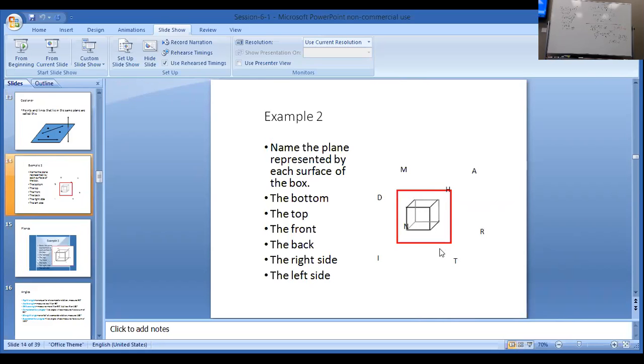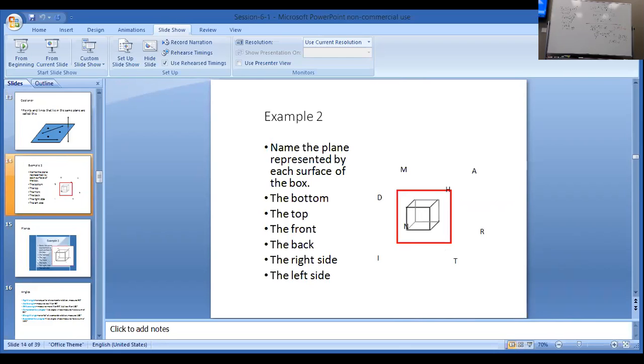The front side is DHTI. That's plane N. Okay? Can you see that? You see, this side is represented by DHTI.